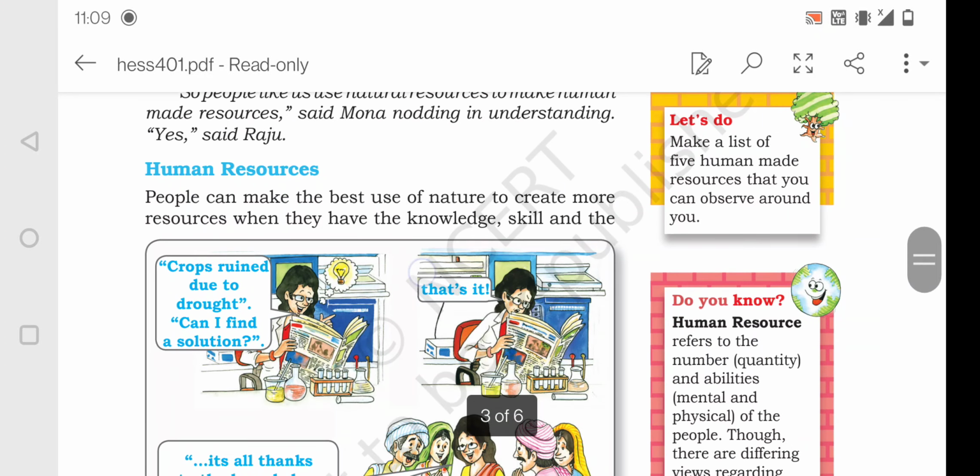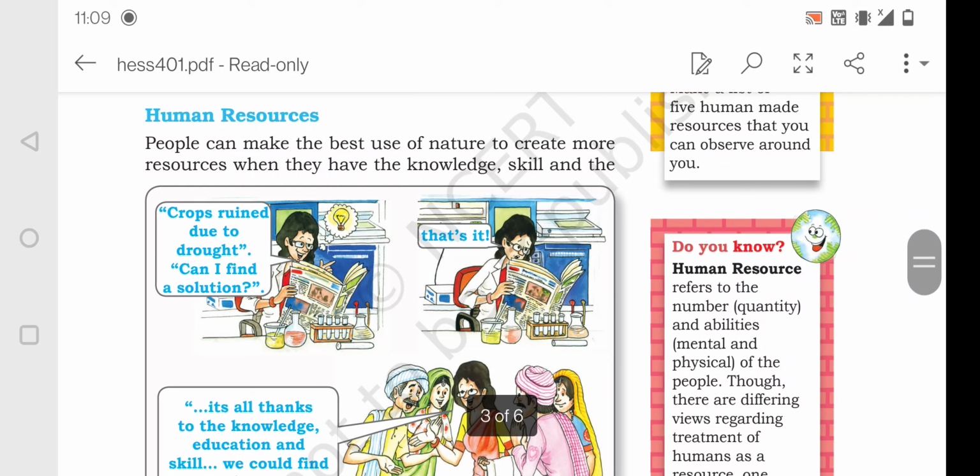Now next is a very important resource, that is human resource. Now what is human resource and how is it different from human made resource? So human resource is basically the resource which is actually human, but the humans who are educated, having knowledge, skill and healthy, then they can be called human resource.